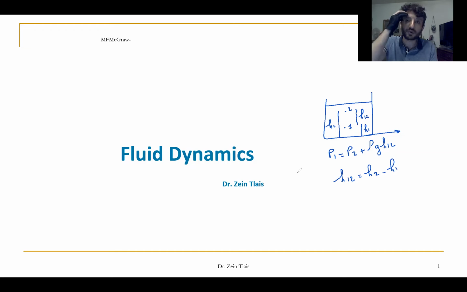Now we are going to study fluid dynamics. We have to study a fluid in the situation where we have a flow inside a tube. For example, we have a tube and we have in and out. We have a quantity of fluid flowing with a certain velocity at any point.